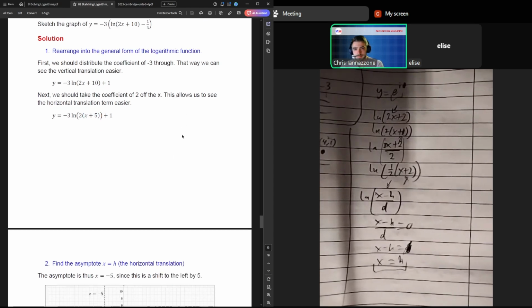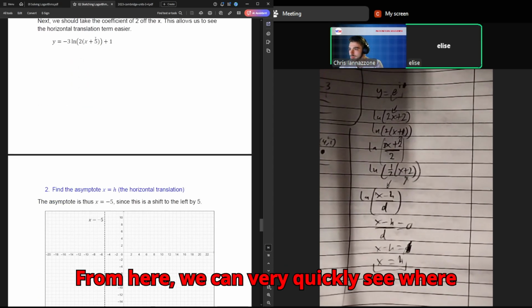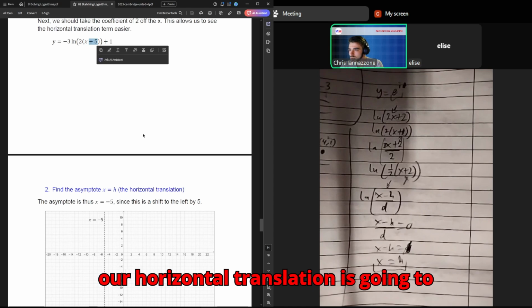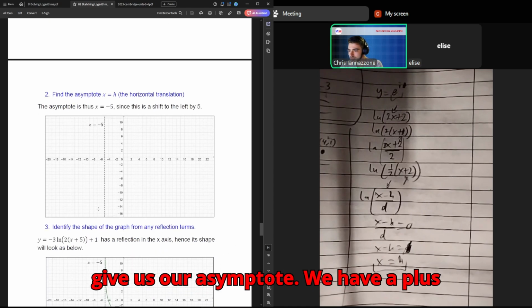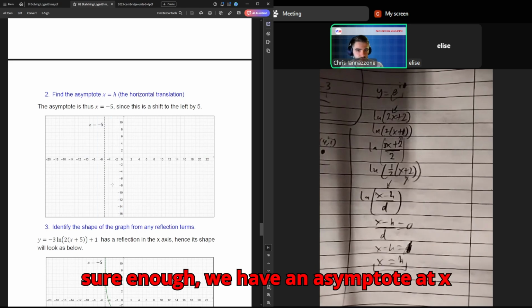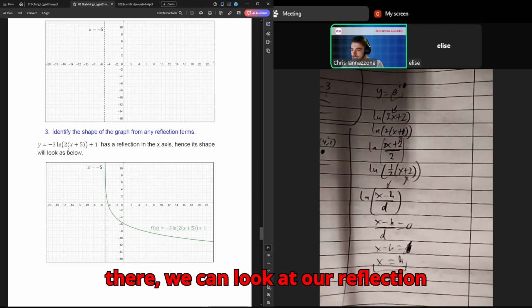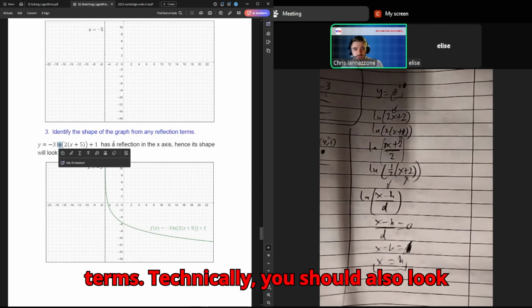Cool so far? Nice. From here, we can very quickly see where our horizontal translation is going to give us our asymptote. We have a +5, so we're shifting left by 5, and sure enough, we have an asymptote at x equals -5. From there, we can look at our reflection terms. Technically, you should also look at the base.